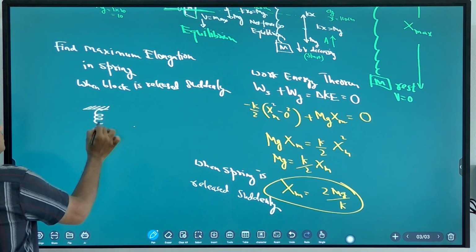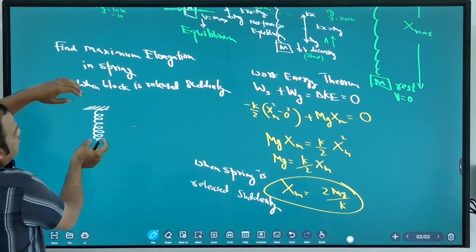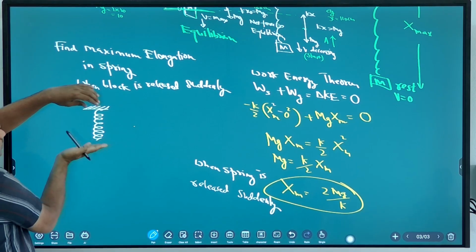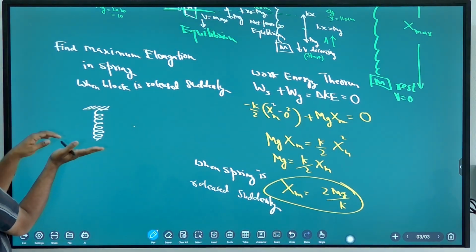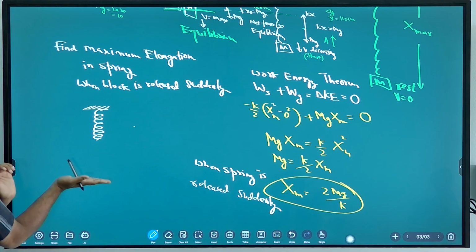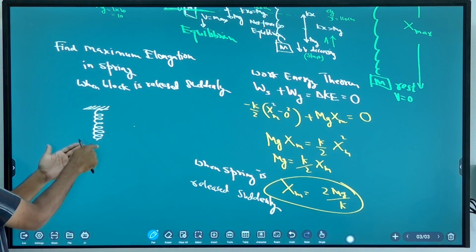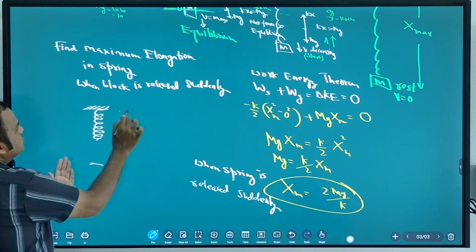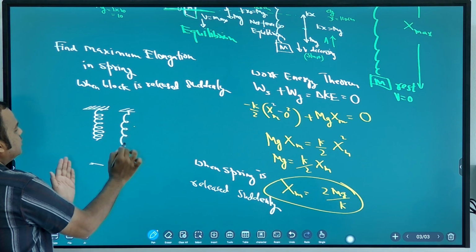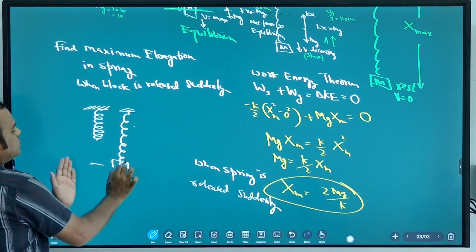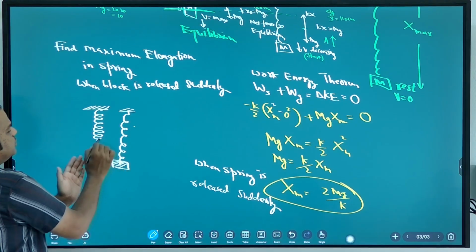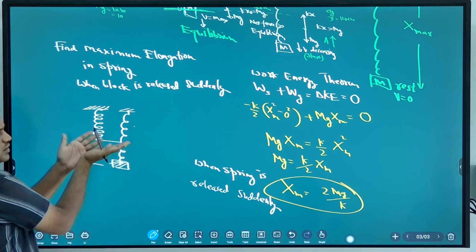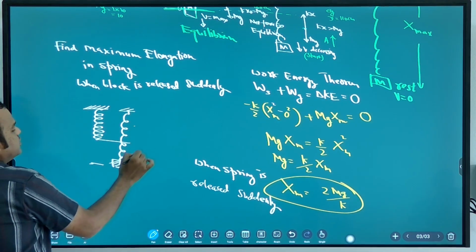So suppose this is the spring. If you attach something here and you are holding it and slowly you move it, that object will slowly come down and stay here. The spring is elongated. This is the body. This is known as slow elongation. What is the formula for that?